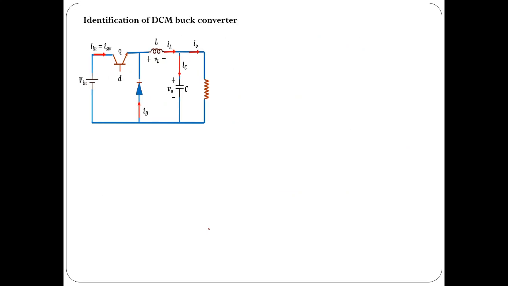So how to identify buck converter operation? If it is in continuous current mode, no need to worry much. Formulas are available, you can use them directly. Sometimes students are tempted to use the formula directly without verifying whether the operation is in continuous current mode or discontinuous current mode.